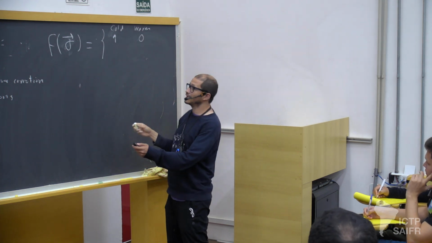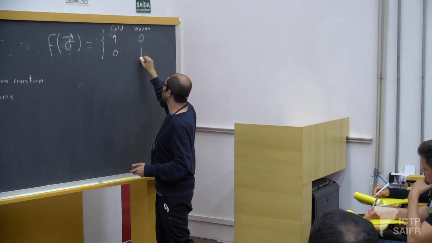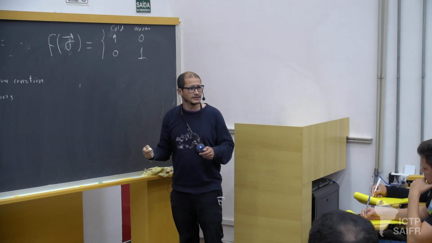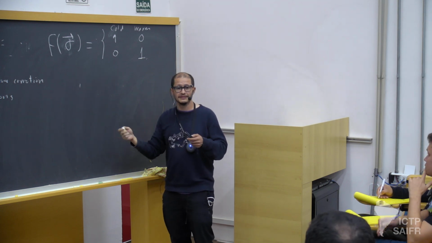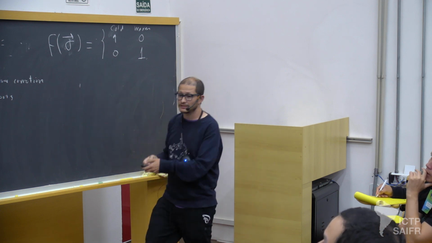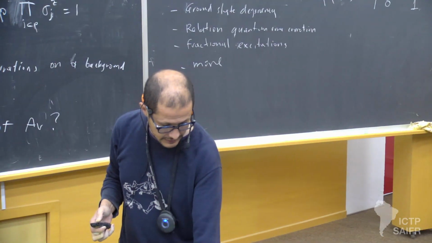And if you input any other configuration, you get 0 here and 1 here, okay? That was the construction that I argued yesterday, that that was the behavior of this object here, based on these filters.